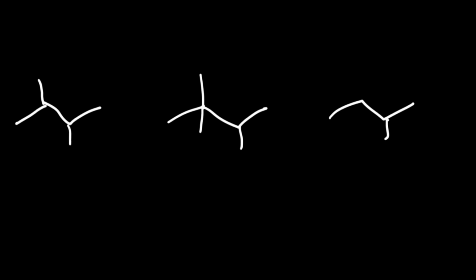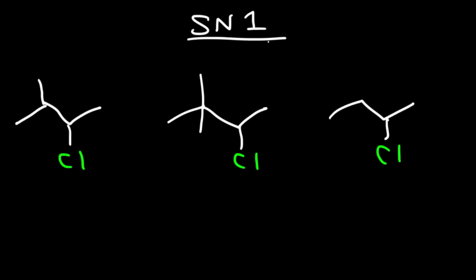Now here's another question for you. Consider these 3 substrates. Which one works the best for an SN1 reaction? Feel free to pause the video. So notice that all of these alkyl halides are secondary alkyl halides.